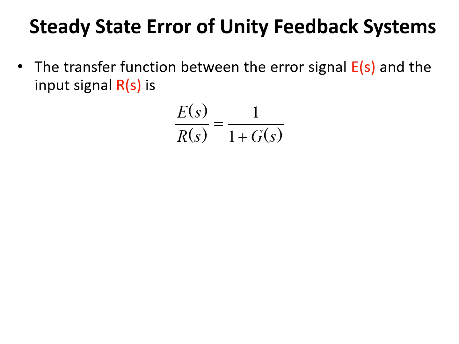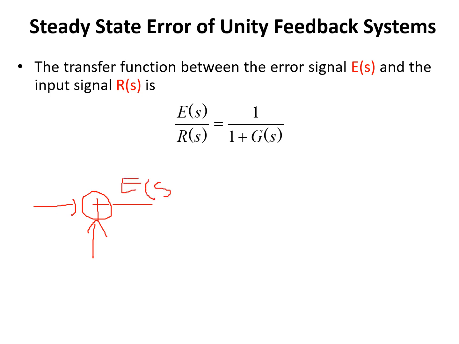This is because, if you observe here, I'll just draw and show you. This is your error detector, I have my R(s) here, and the output is taken as E, correct?